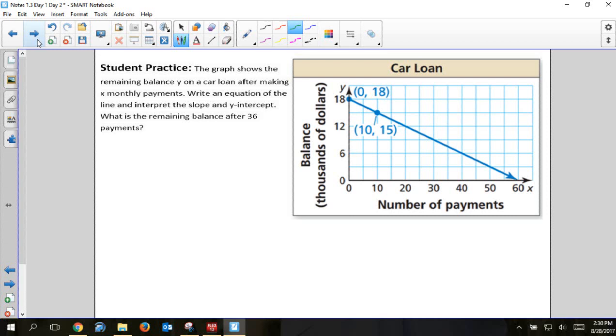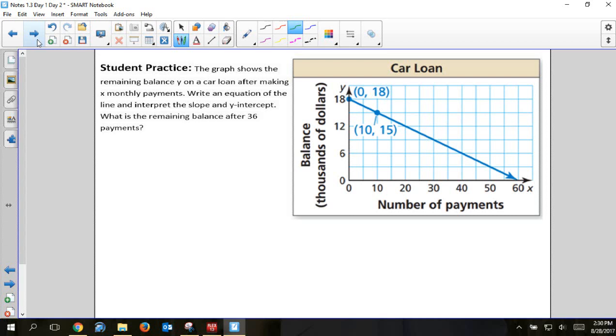Here we go. Has anybody bought a car before? Yeah. So you buy a car, and usually, unless you pay for it in cash, if you have a lot of money stored up, you don't have to worry about this. But usually, you buy a car, you have a loan, and you pay some of that loan every month.